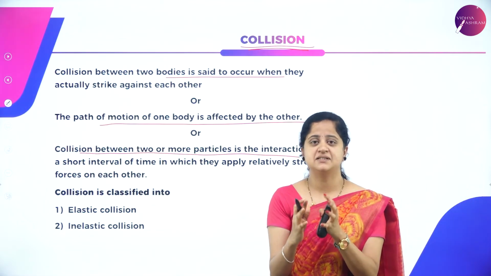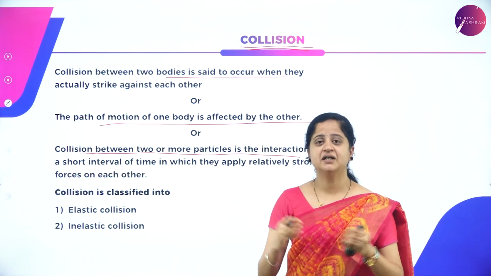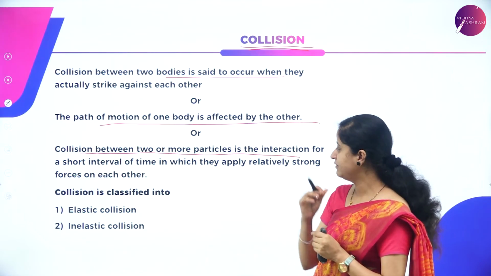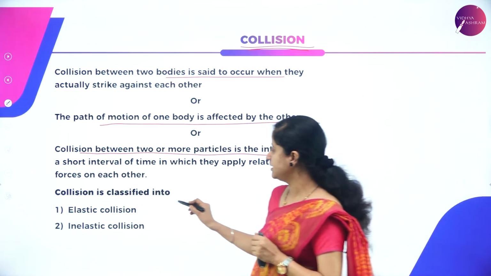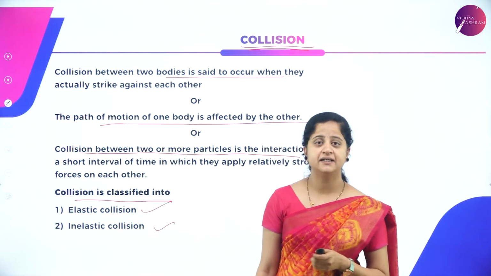All these things happen in the phenomenon of collision. So basically it is nothing but the physical striking between two bodies, and we call it collision. So collision is classified into two types basically, elastic collision and inelastic collision.